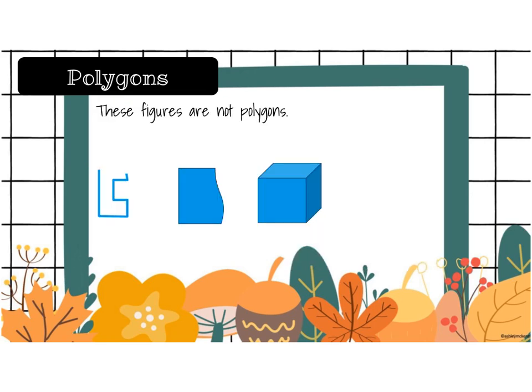These figures are not polygons. Can somebody tell me why the first figure is not a polygon? Not a closed shape. It is not a closed shape. Well, what if I did this? Does that fix it now? Yeah, I closed it up. Now it's a polygon. How many sides would that polygon have? 8.